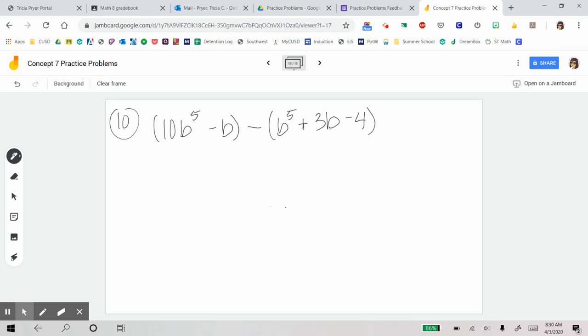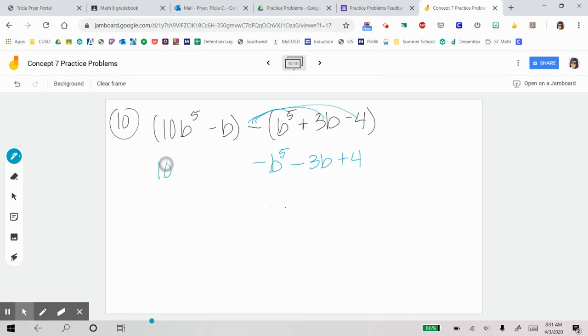So I'm not multiplying them, I'm not adding them, I'm not dividing them, I'm subtracting them. Now, since there's that minus sign in front of it, it's saying minus to everything in front of that parentheses. So I have to distribute that minus to everything inside the parentheses.